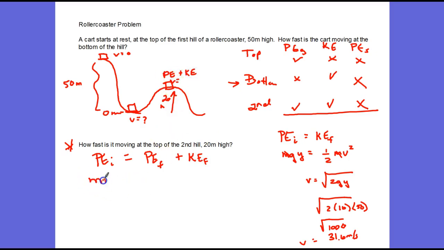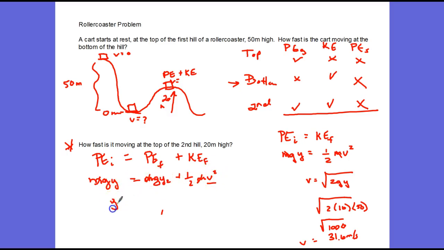So again, we have mgy equals mgy2 plus 1/2 mv squared. Look, it's got m's everywhere, so they can all cancel out. And I'm looking for that value.